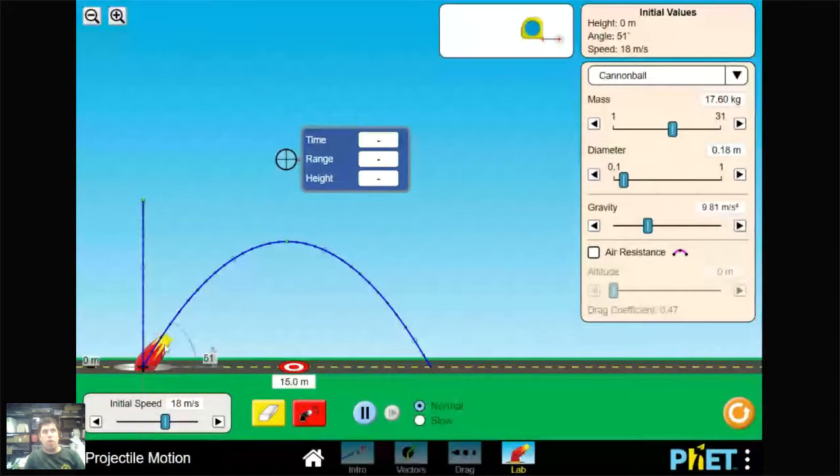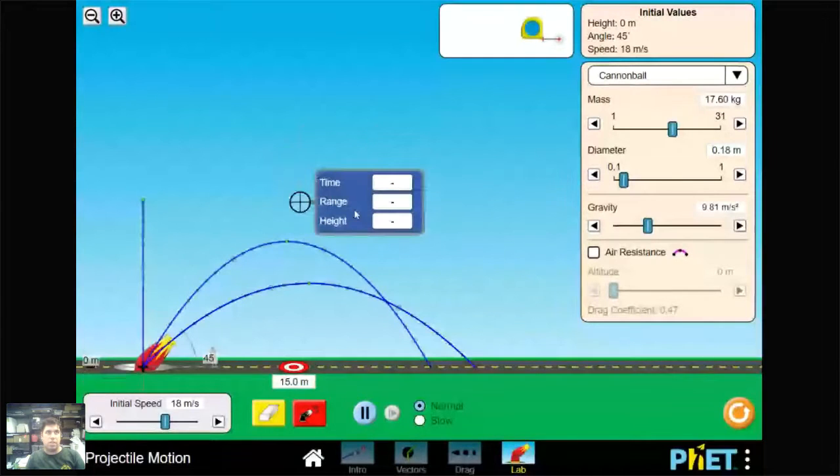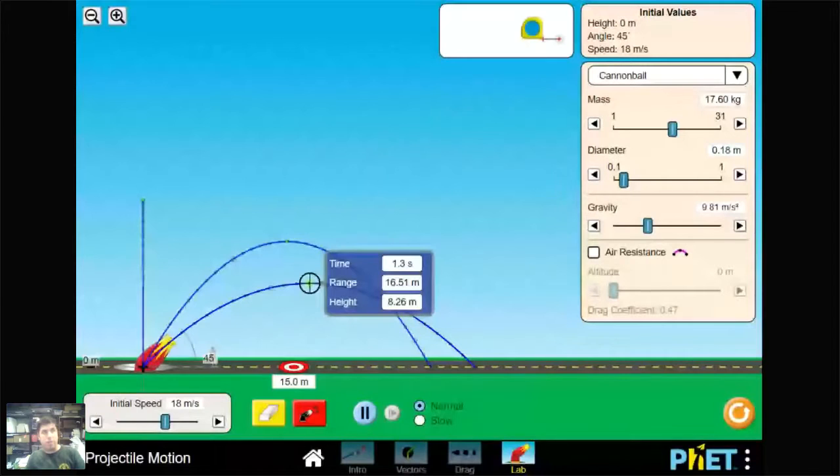What about our 45? Now, if the math was right, this should be our farthest shot yet, and we should never be able to beat it at 0 meters above the ground. Okay, 16 and a half. We've gone further. That 45-degree angle so far is the winner.